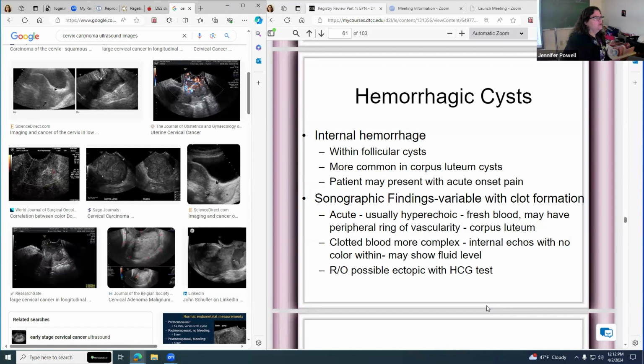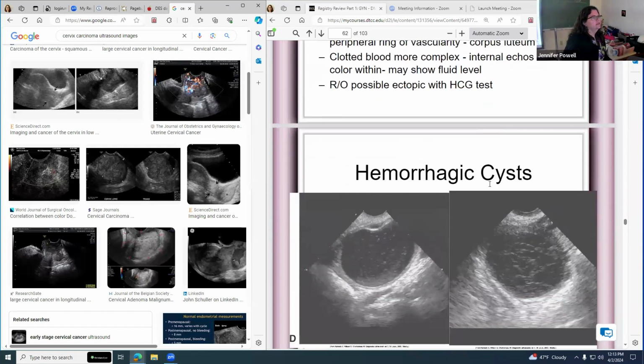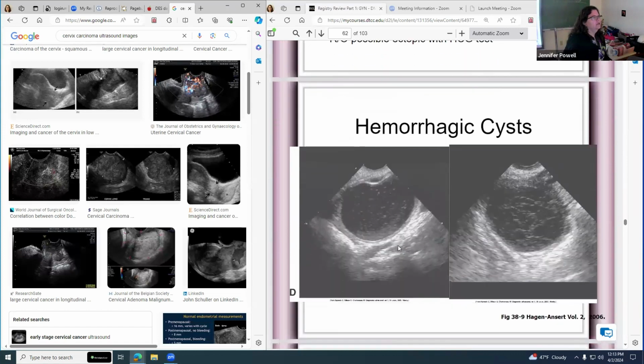Internal echoes with no color within, it should not be vascular. Once the bleeding stops and it's just clotted, it may show fluid levels, which is two different densities. And you should rule out a possible ectopic with an HCG or pregnancy test. And that's what they look like. It's fine lines.